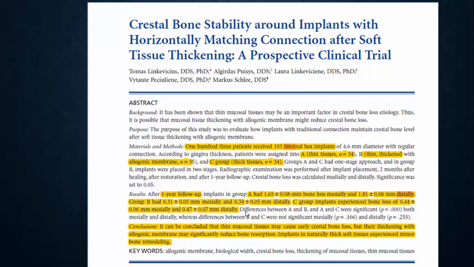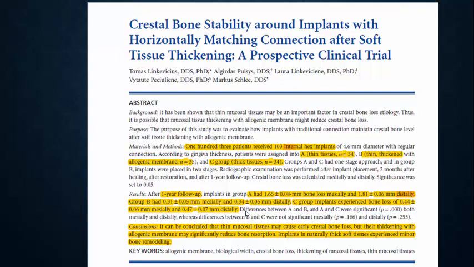Implants in naturally thick soft tissue experience minor bone remodeling. So it's very important when we open our flap to measure the thickness of the gingiva. If we have a thin gingiva, we may consider doing some soft tissue graft or alloderm graft at the same time of the implant placement in order to minimize the crestal bone loss in the future.